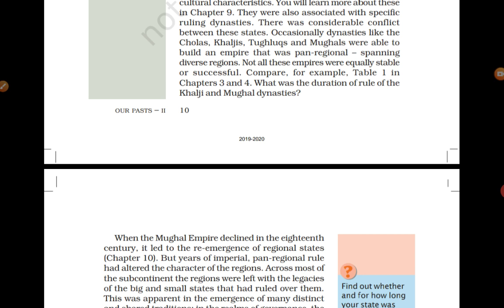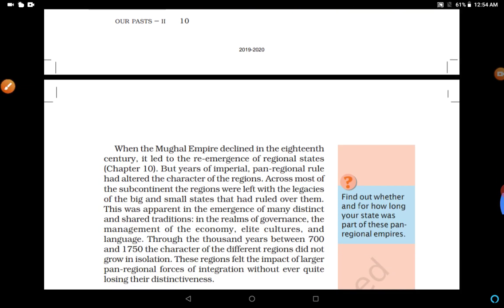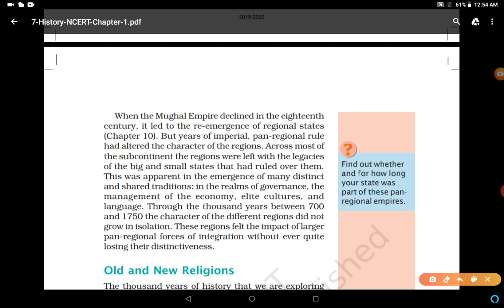Babur established the Mughal Empire in 1526, defeating Ibrahim Lodi. Next, the Mughal Empire declined in the 18th century, when Aurangzeb died in 1707. After that, the Mughal Empire declined, became very poor, due to which it led to the re-emergence of regional states.